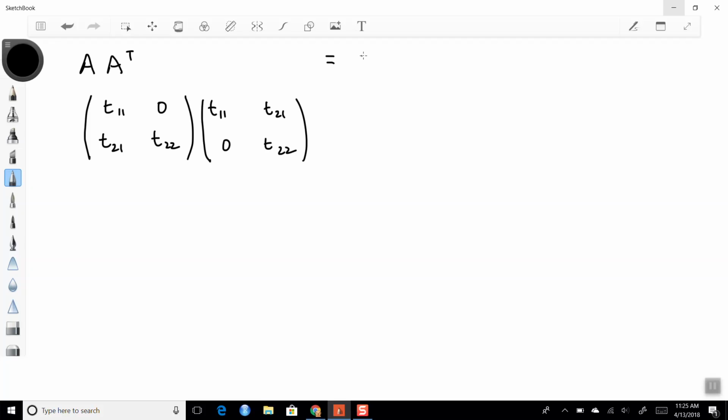And we want this to equal sigma. So we're going to set this equal to sigma 1 squared, sigma 1,2, sigma 1,2, sigma 2 squared. Okay, so then we just do some matrix multiplication.